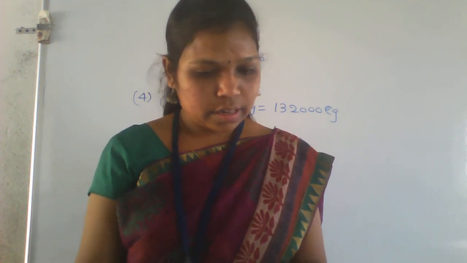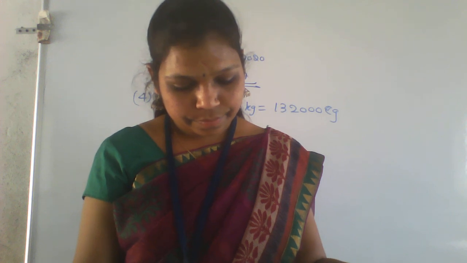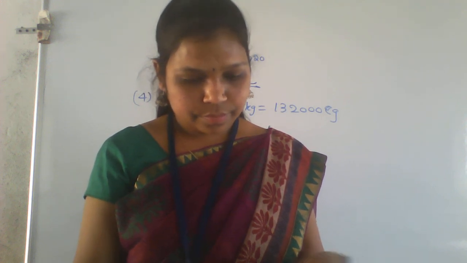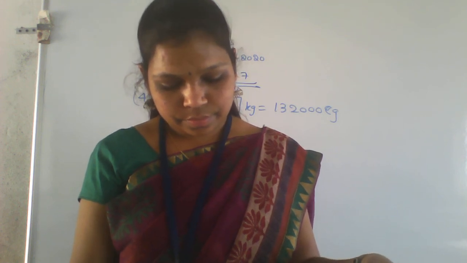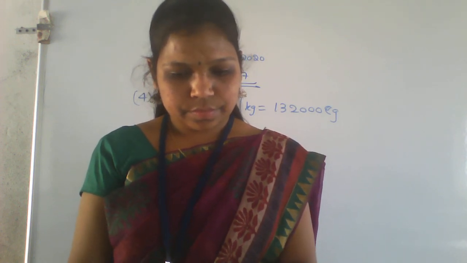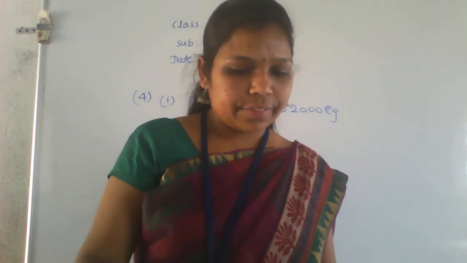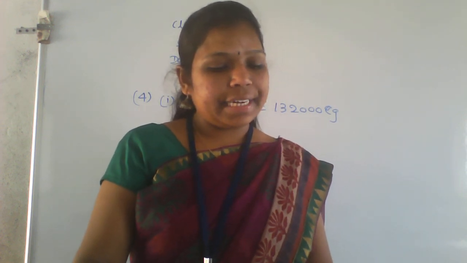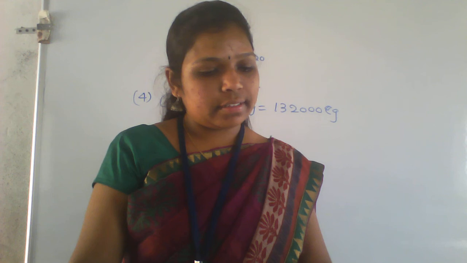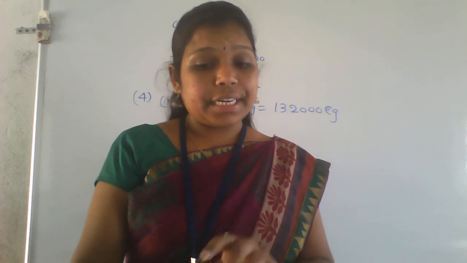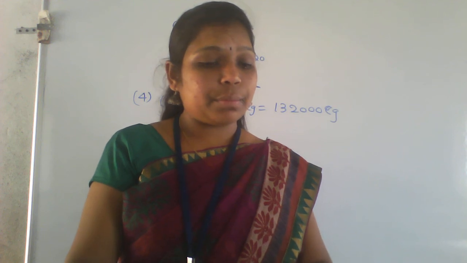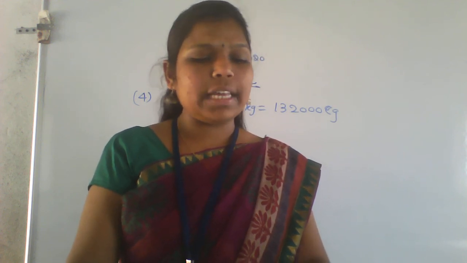Okay, leave. So the second one, 72.53 liter. Liter is the base unit. To deciliter, deciliter means here only one zero is there.